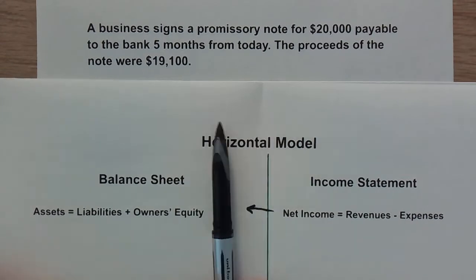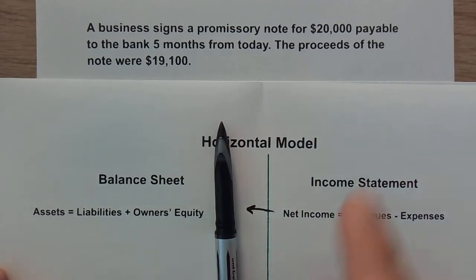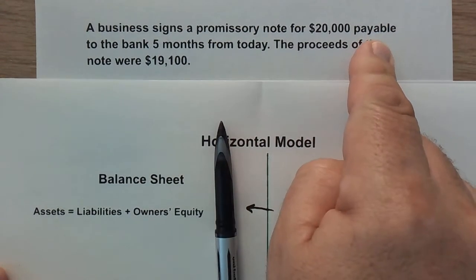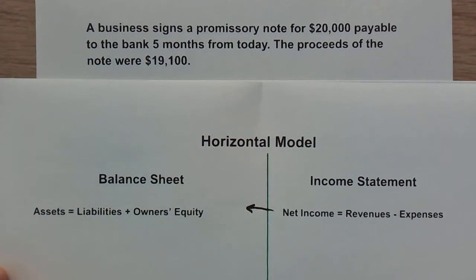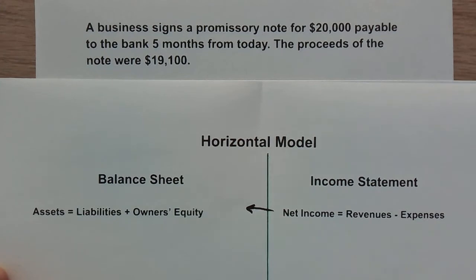If you want to go back to that video, I've linked it up here. Now we're going to presume we go ahead and calculated the APR and the discount rate, and now we have to figure out how to incorporate this information into our horizontal model.